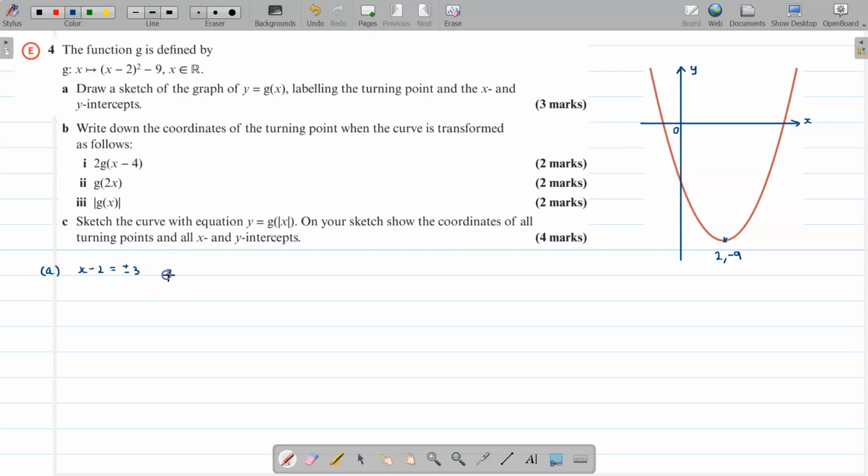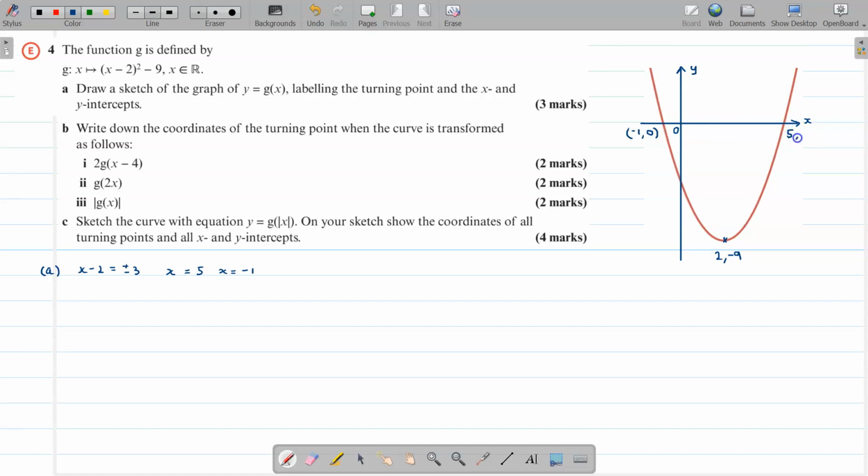So we get that x equals 3 plus 2, which is 5, or x equals 2 minus 3, which is -1. So we've got these 2 points here. This is the point -1, 0. That's the solution on the left here, and this one is 5, 0 here.